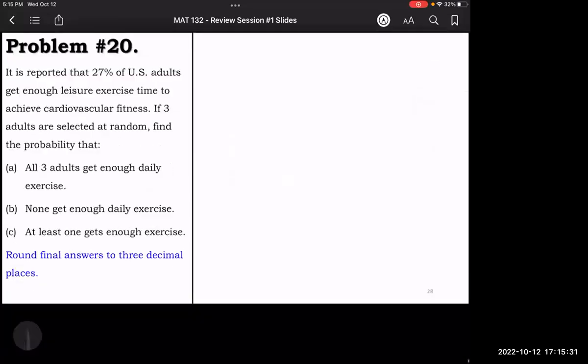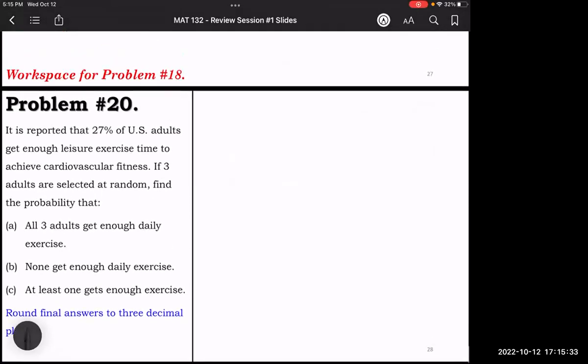Problem 20. The one rule that I haven't really gone over thoroughly for probability is the multiplication rule. This is an example of the multiplication rule combined with the complementary rule. So let's look at this problem.